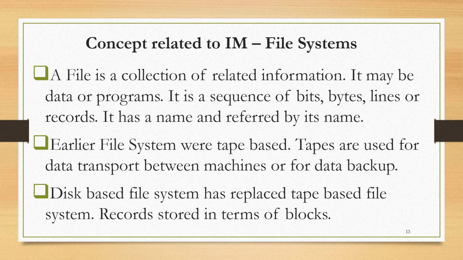Tapes are used for data transport between machines or for data backup. Data was copied from one tape to another tape, or backup was taken. Transferring data from one tape to another, one machine to another machine, we used to use tapes.